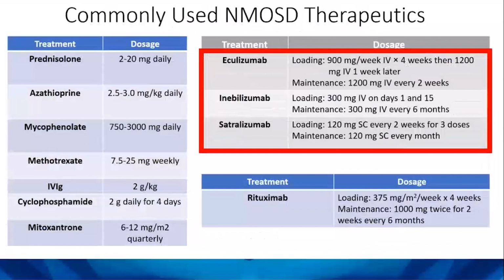And that's very similar to inebilizumab, but not quite the same. This is an anti-CD19 depleting antibody, and this is an anti-CD20 depleting antibody. And the differences are significant, but not worth the conversation at this level of discussion.